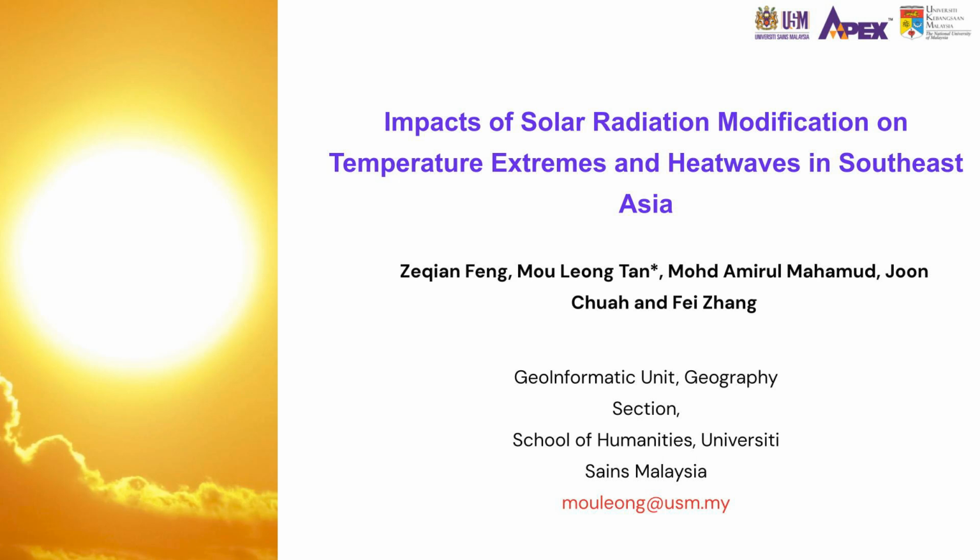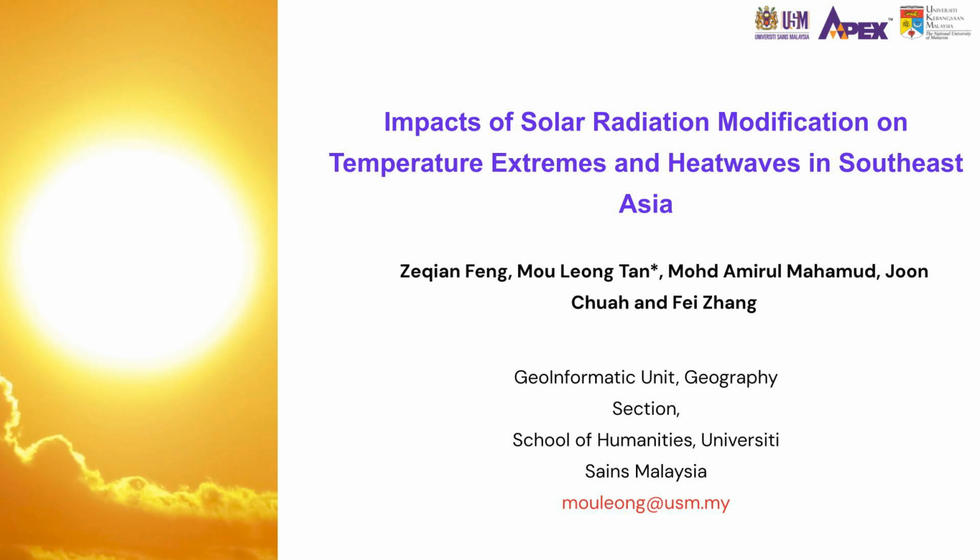But for regions like East Malaysia, R3 and R4, which are near the maritime, near the ocean area, the SRM failed to align with the SSP245 for these two particular regions.